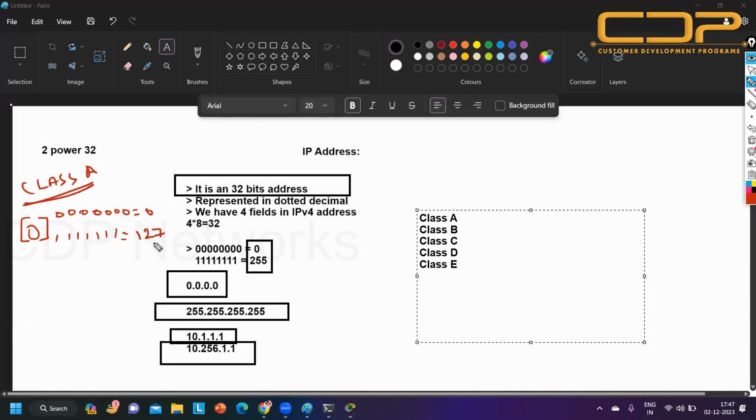That means the range of class A is 0 to 127. Any IP address whose value in the first octet belongs to this range is an IP address of class A.